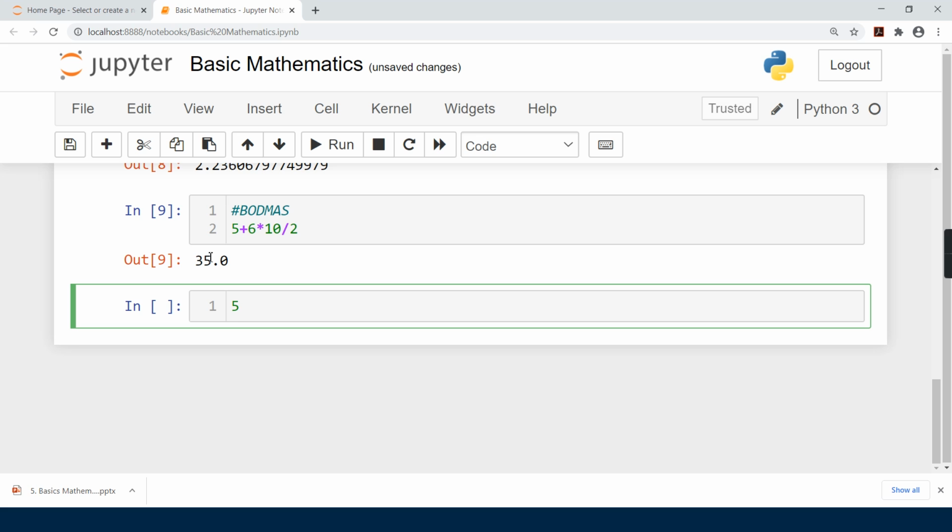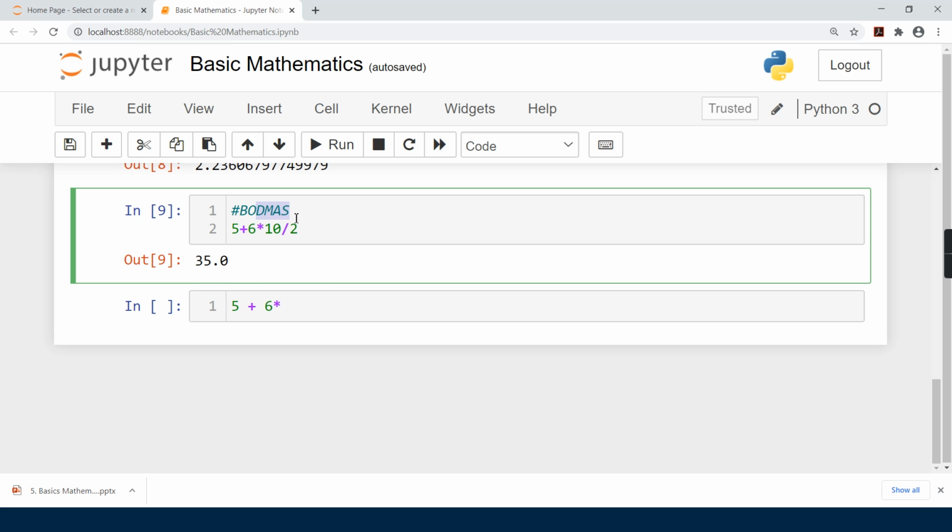This is because what Python actually did is 5 plus 6 times, it has executed the first piece as division. Since there is no bracket and there is no other operator, from BODMAS it is going to start from this place, so DMAS. It is going to do the division first.